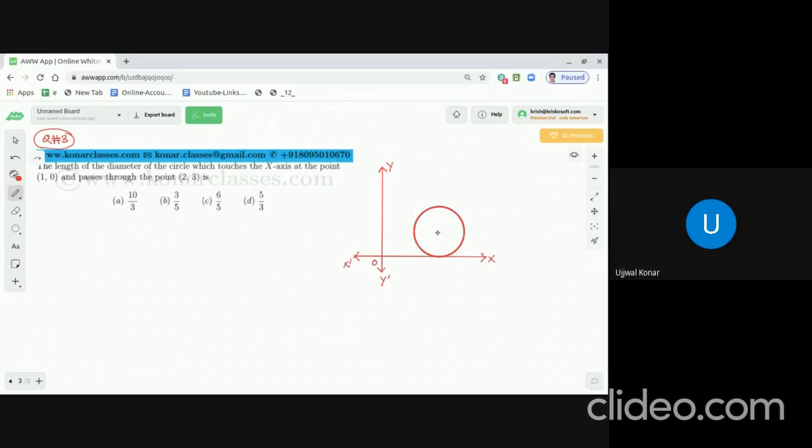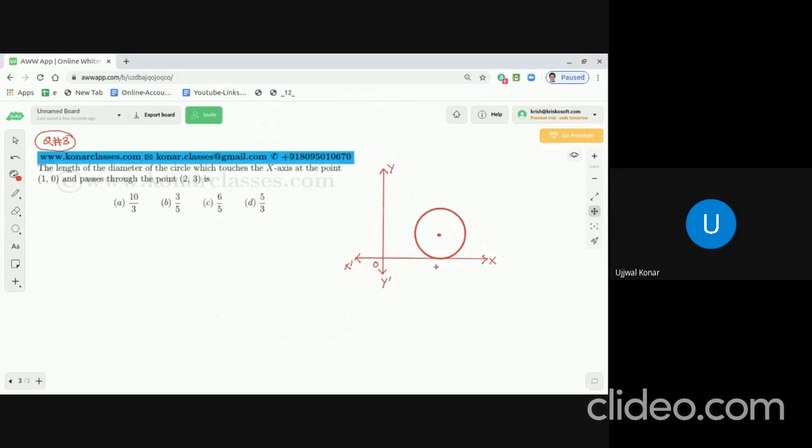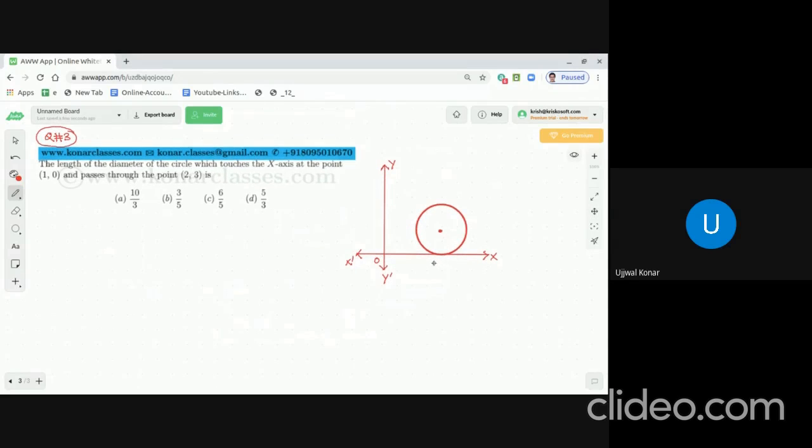Now, according to the question, it is touching the x-axis at the point 1, 0. So if we assume this point is A, then the coordinate of the point A is 1, 0.